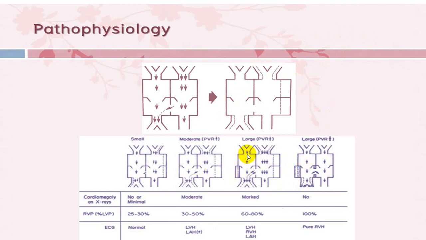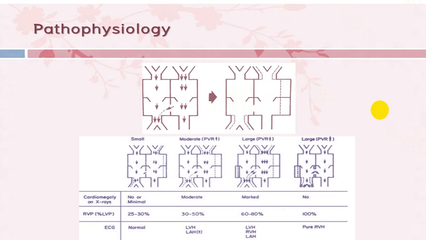You call that Eisenmenger syndrome. Further elevation of pulmonary pressure will elevate the right ventricular pressure. Reversal will take place. Now it will be right to left shunt. We will call that Eisenmenger syndrome with reversal of the shunt, cyanosis, hypoxia.